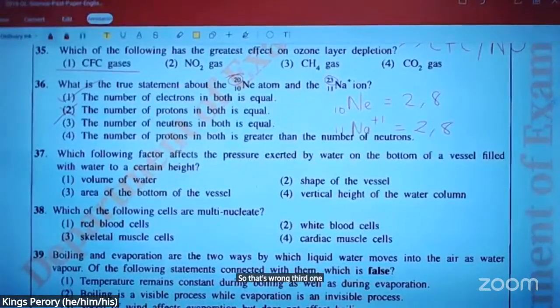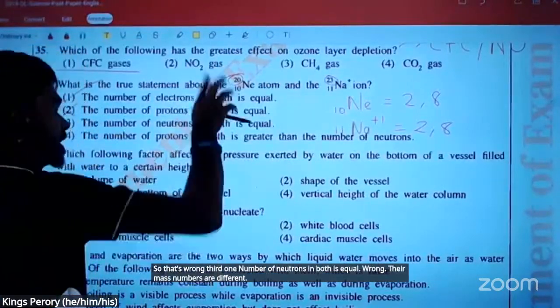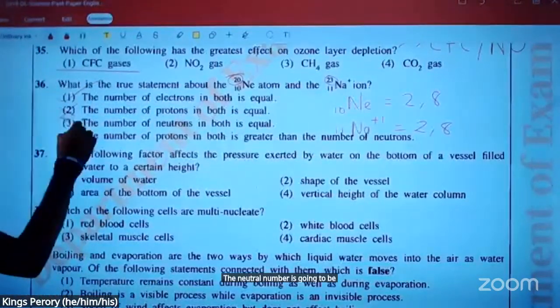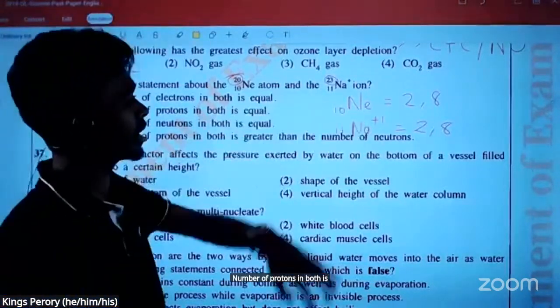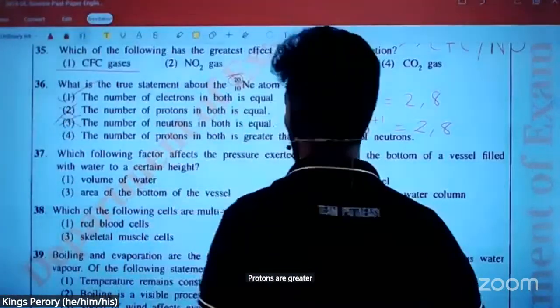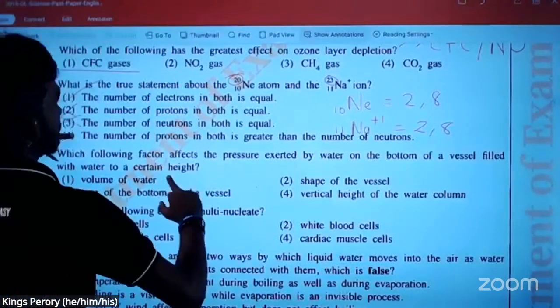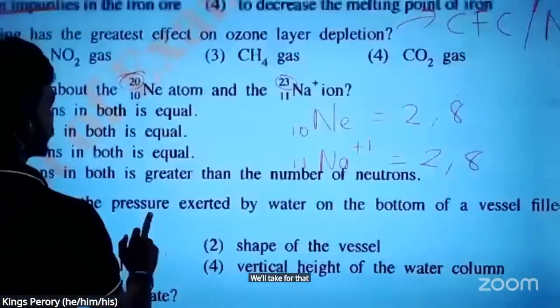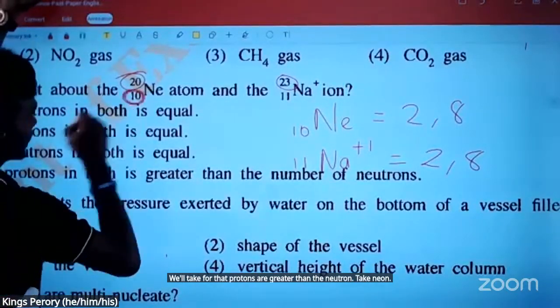Third one: number of neutrons in both is equal. Wrong. Their mass numbers are different, so the neutron number is going to be different. You calculate and see it's different. Number of protons in both is greater than the number of neutrons. We'll check for that. Take neon, atomic number 10.